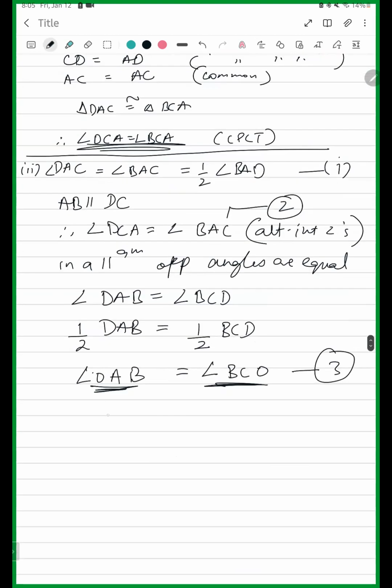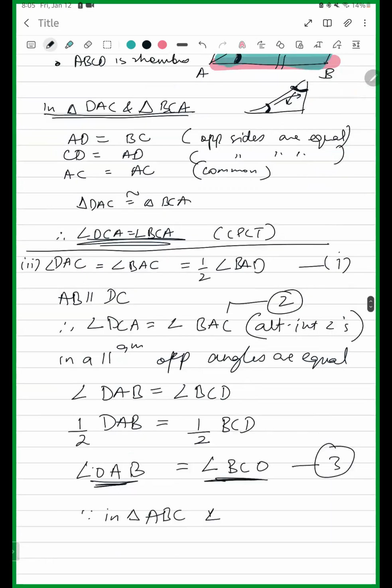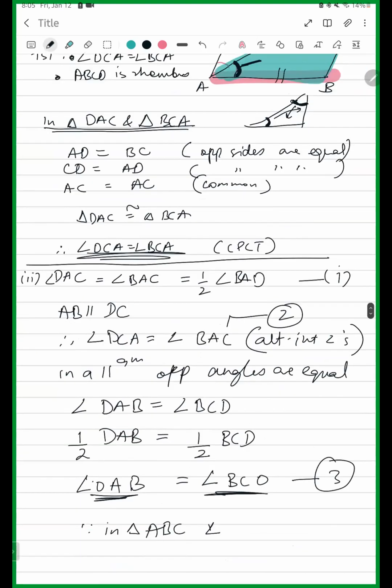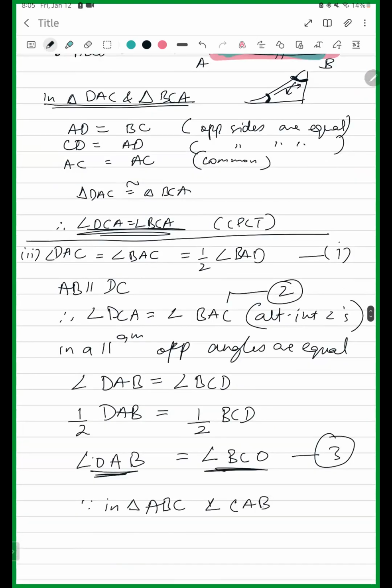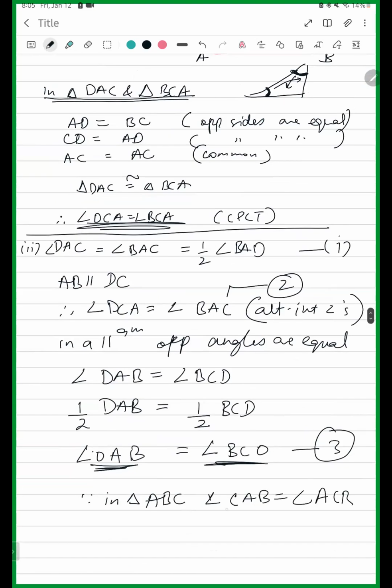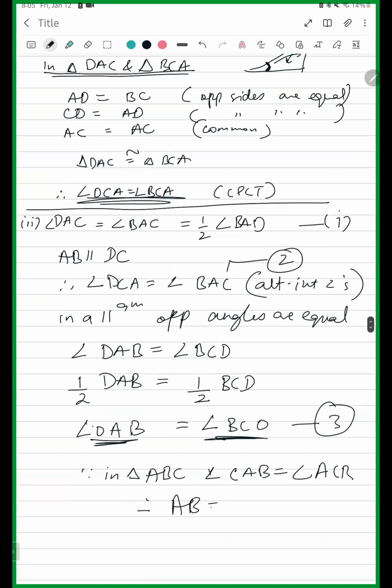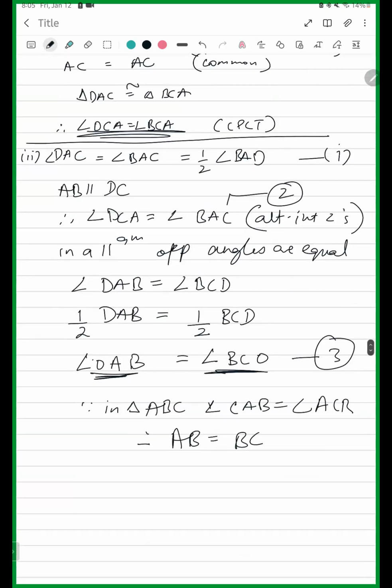So since in triangle ABC, angle CAB is equal to angle ACB, that means AB is equal to BC, because we know that sides opposite to equal angles in a triangle are equal.